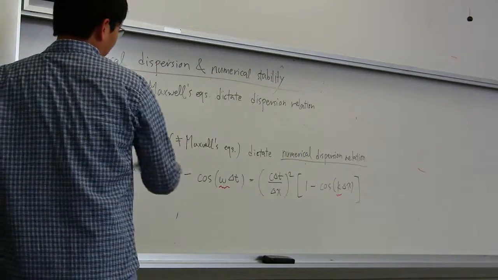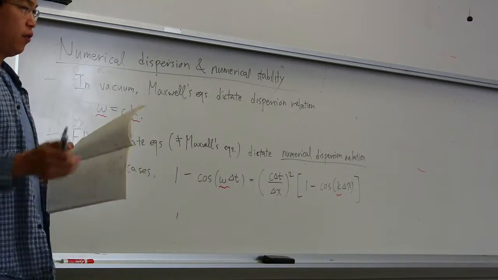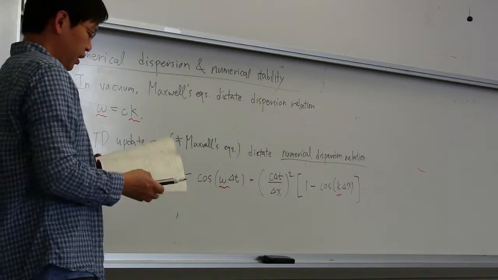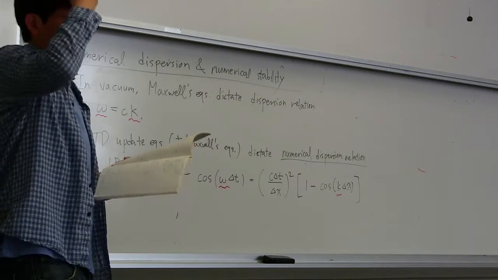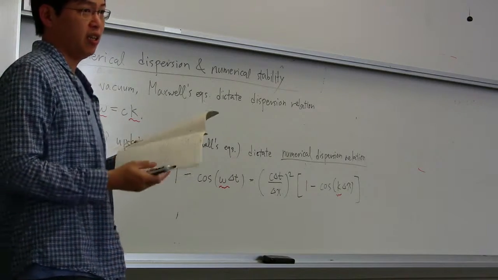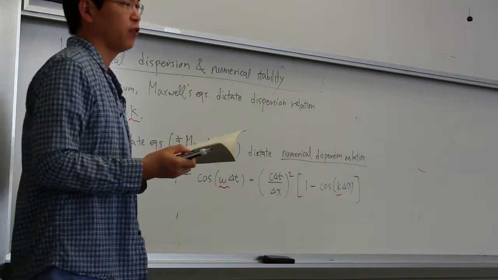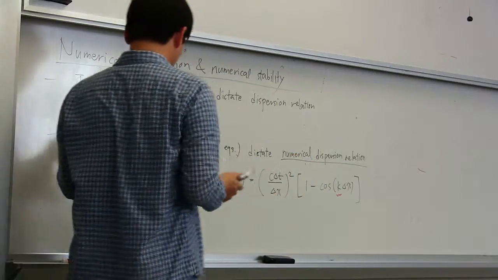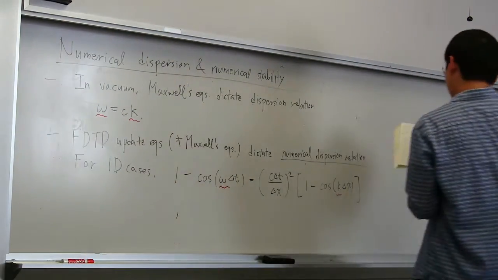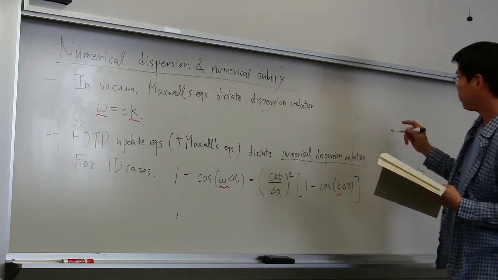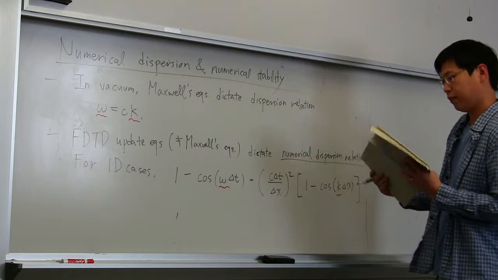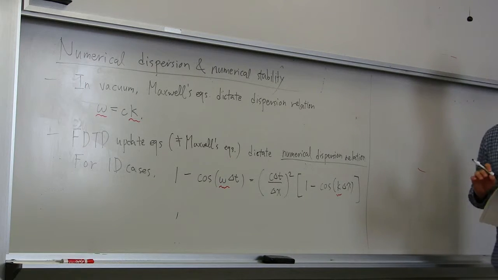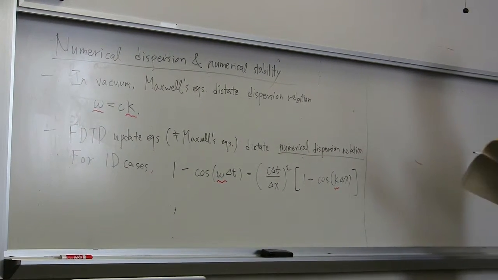So we can derive this numerical dispersion relation from the update equation, but I wouldn't go through the details. It is very standard procedure in any FDTD books. So if you are interested, you can look for the equations in the books. But I'd like to focus more on something practical, some practical issues.